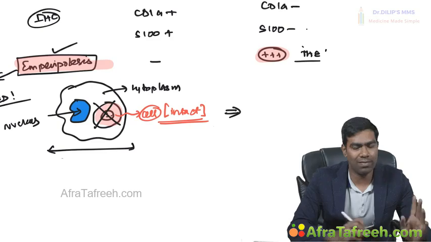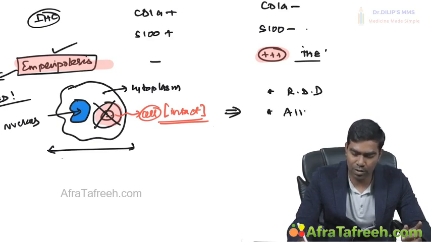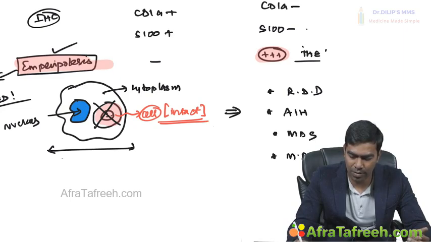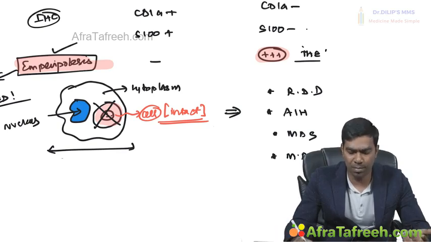So if you ask me what are the conditions that can produce emperipolesis, again very important for exams. The first one is obviously Rosai-Dorfman disease, the second one is autoimmune hepatitis, relatively important. Third, you can see it in MDS, myelodysplastic syndrome, and in myeloproliferative neoplasms like primary myelofibrosis, polycythemia vera or CML.